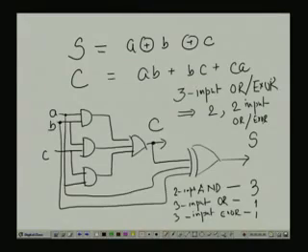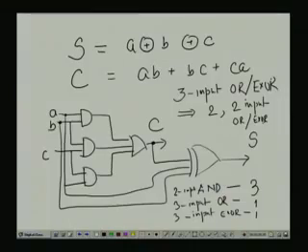Now, another thing I want to mention is what type of gates I want to select. That depends on different types of parameters. One is called area, another is called power. Mainly, the circuits we are discussing are ultimately utilized for designing a chip.